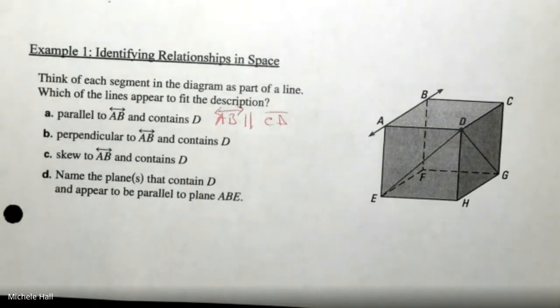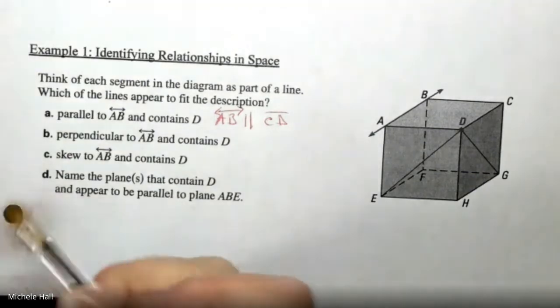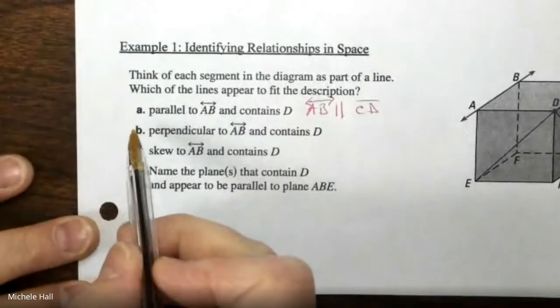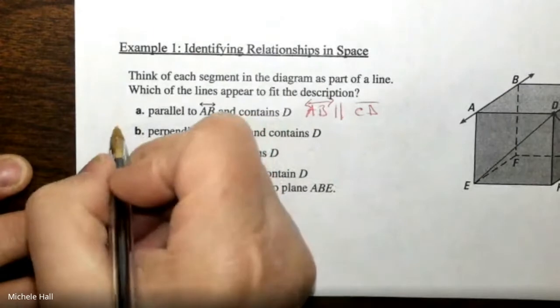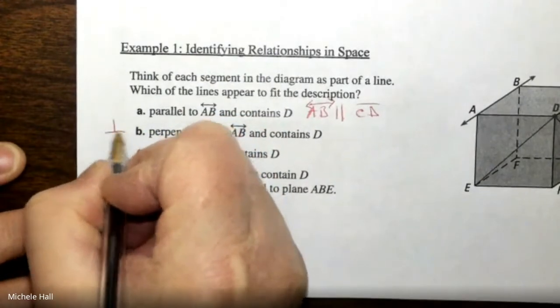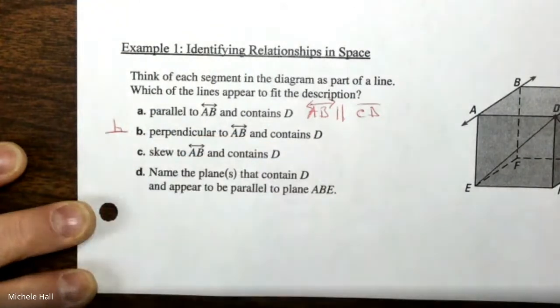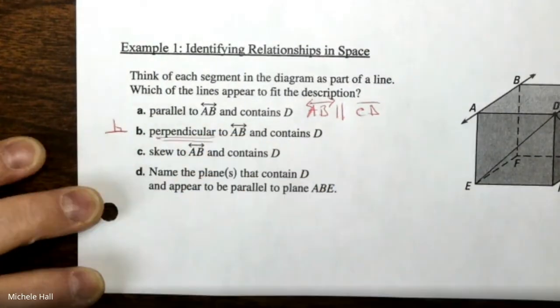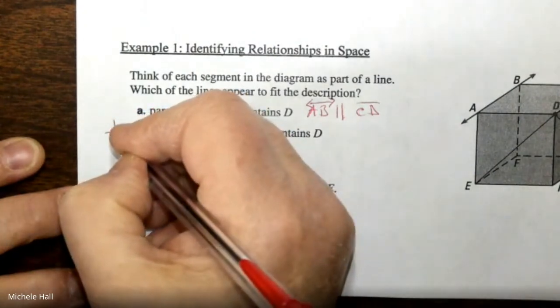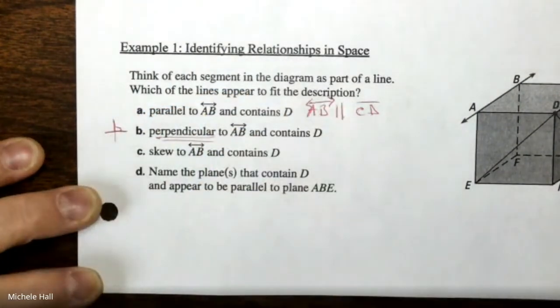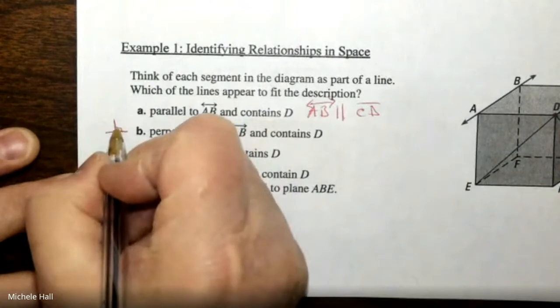Okay, perpendicular. Was there anything on here that talked about perpendicular? What does perpendicular mean? Can you draw next to B right here what it would look like to be perpendicular? Exactly. Perpendicular means that you have lines that are intersecting, and that can go all the way through. They're intersecting at a 90-degree angle.